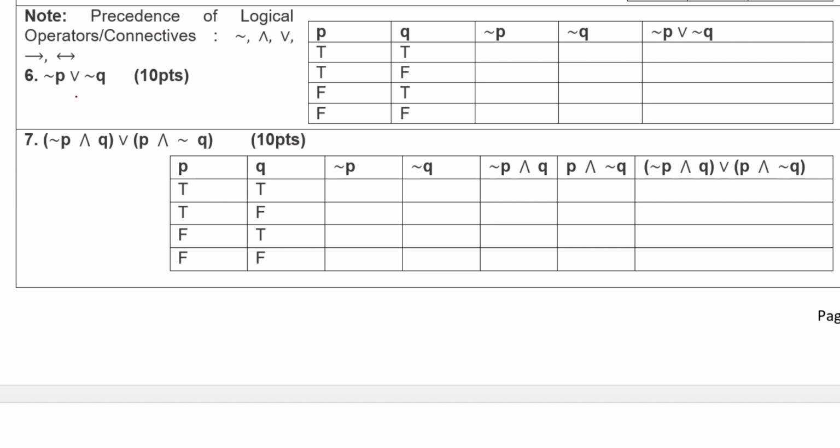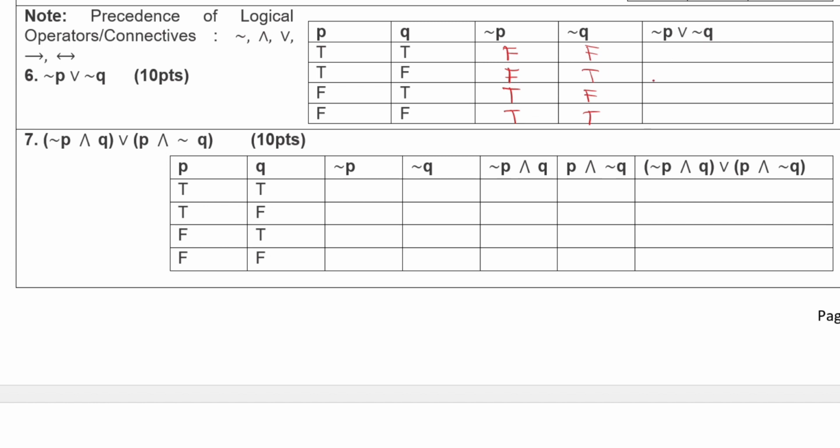First, because of the left to right method, solve for P, solve for Q, then solve both together. So not P, which means we're going to reverse all the truth values of P. The same thing as not Q. So we have here false, true, false, true.